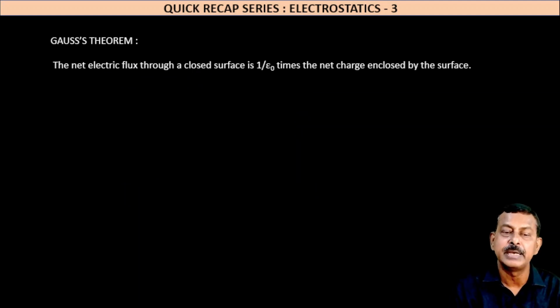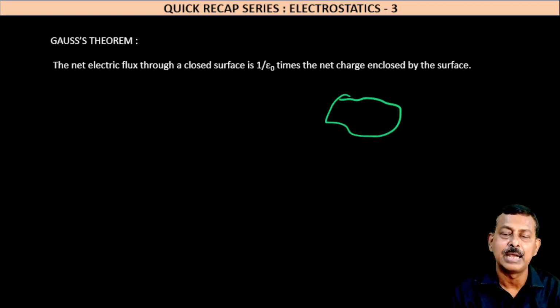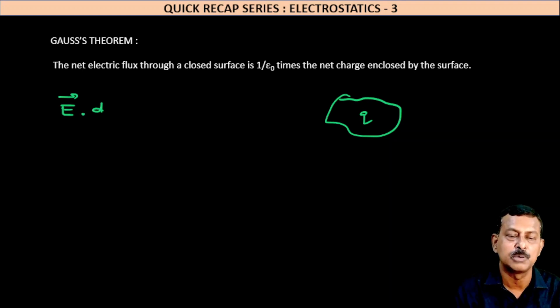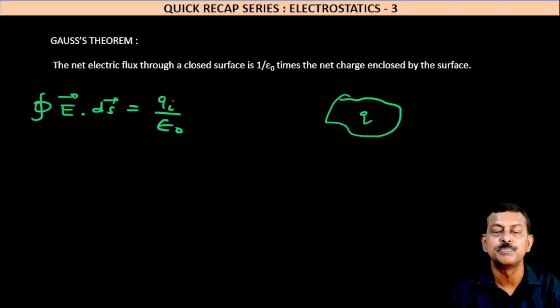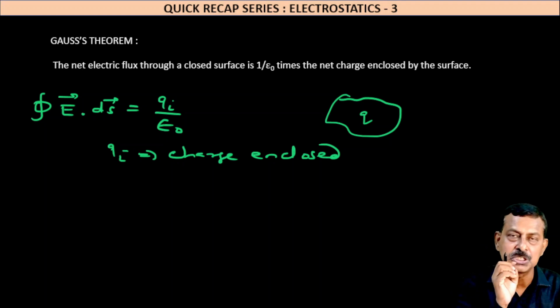Gauss theorem. The net electric flux through a closed surface is 1 by epsilon naught times the net charge enclosed by the surface. If you consider any closed surface, and if it is enclosing, suppose, the charge q, by Gauss theorem we get the integral of E dot ds over the closed surface. This is qi by epsilon naught, where qi is the net charge which is enclosed here.